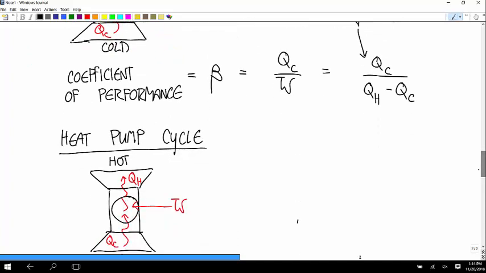It's just a matter of which reservoir is the important one. You put your vegetables in the cold reservoir and your people sitting in the hot reservoir, and in that case, it's working as a heat pump and a refrigeration cycle at the same time.